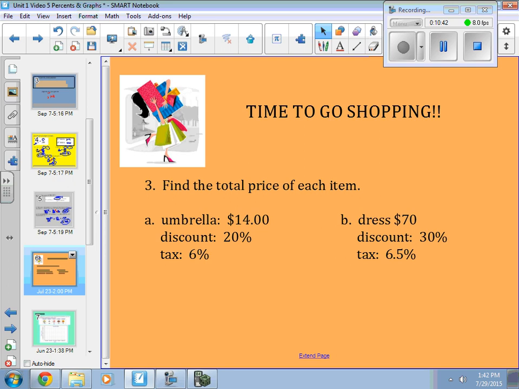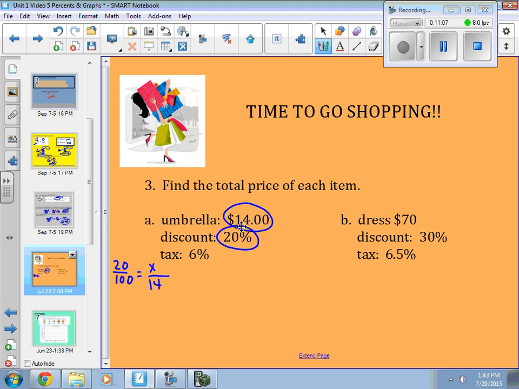So what we've got to do here first is find out, all right, what is this discount going to be? So we want to find out what's a 20% discount of $14. So what we can do is the same thing we were doing before. Percentage is always out of 100. Okay, put that equal to what's the discount going to be out of $14.